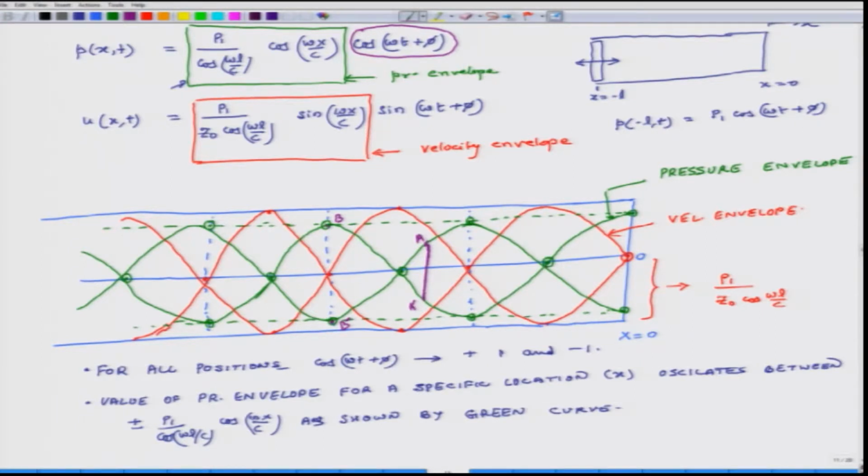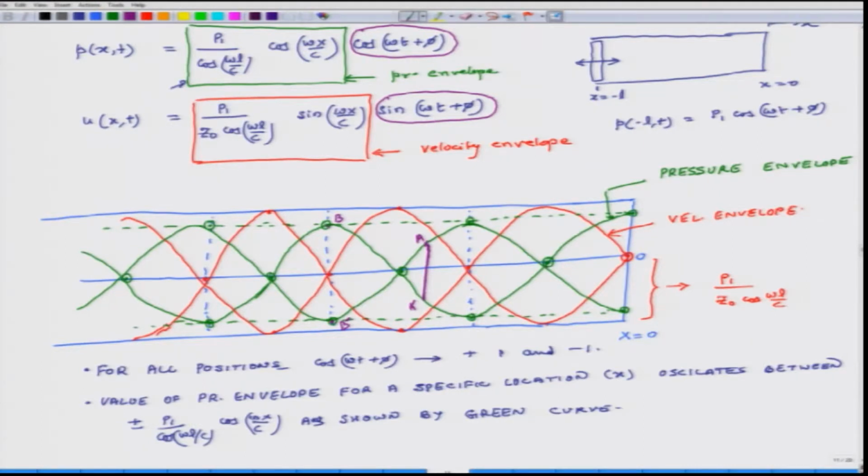So, this is what we see for pressure. The same thing we see for the velocity envelope also. Once again in this case the velocity is a multiple of the velocity envelope times sin omega t plus phi. Sin omega t plus phi oscillates between +1 and -1 regardless of the position. It depends only on time.